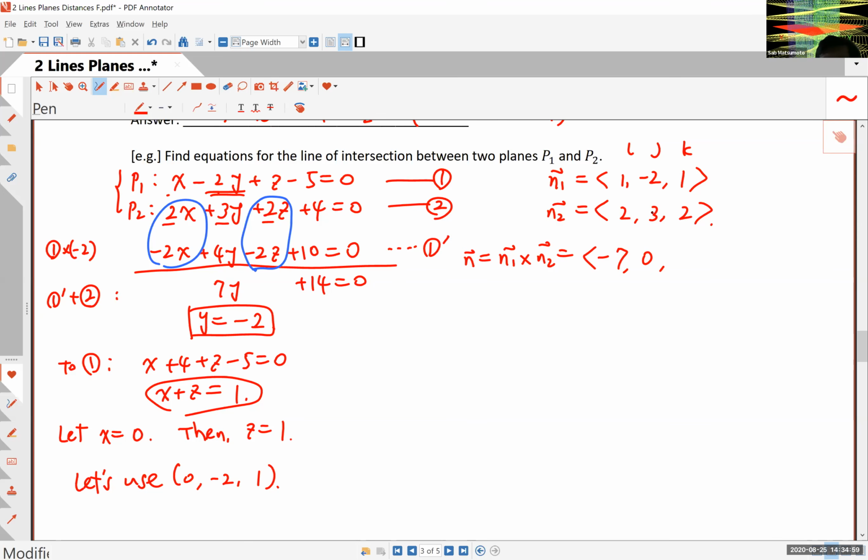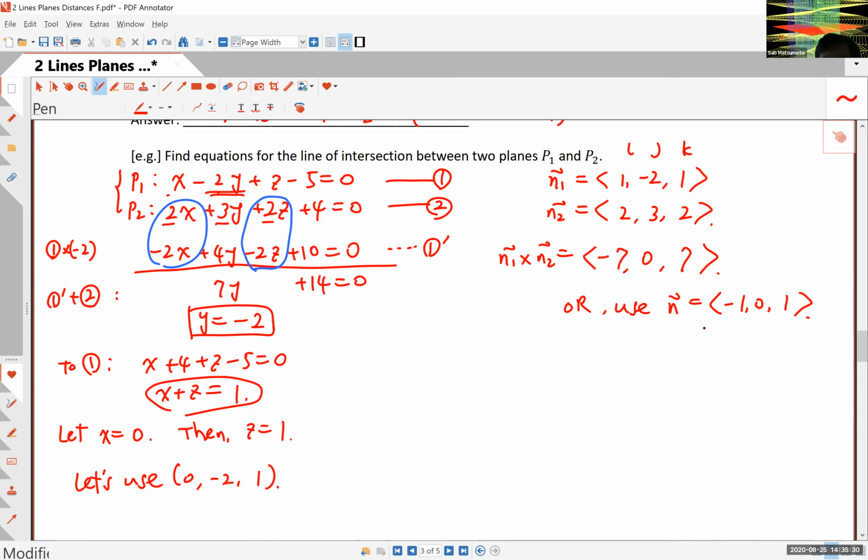Last one is 1 times 3, that's 3 minus -4, and that's 7. That's my vector. Or, you know what? Let's not call this n. I just found any vector that is parallel to the line of intersection. Simply let n be equal to -1, 0, 1. Clearly, this is parallel, and it's much simpler to write.